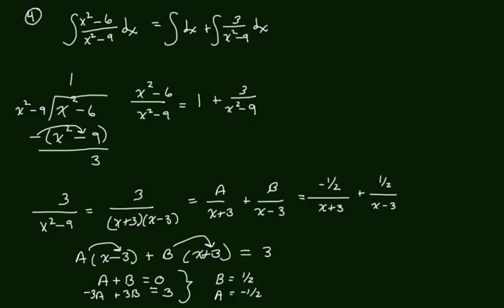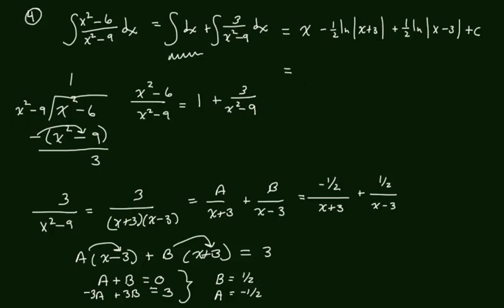So where are we here? This integral here is simply x. This integral here is going to be negative 1/2 natural log x plus 3. The next one is going to be plus 1/2 natural log of x minus 3 plus c. I will be very happy if that's the answer that you get.